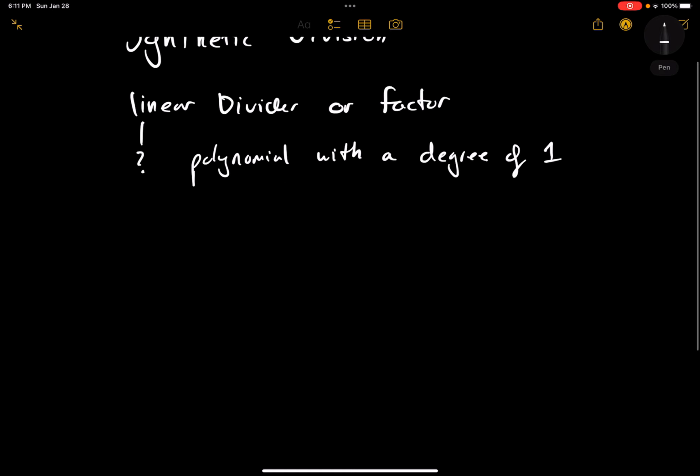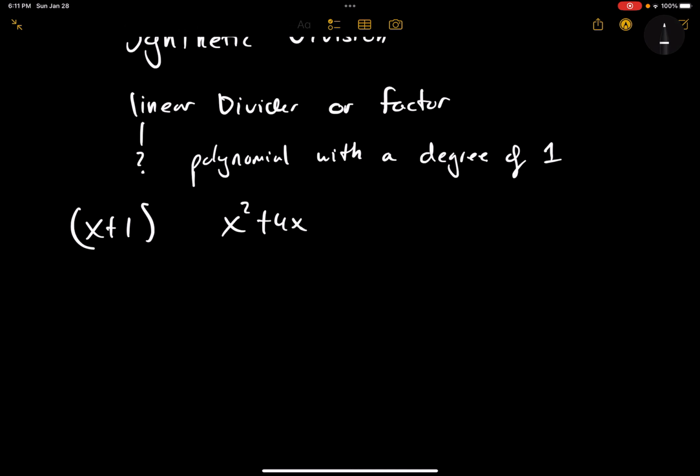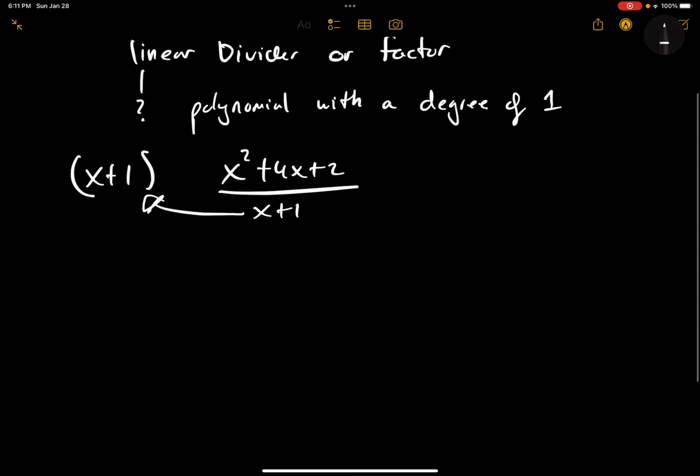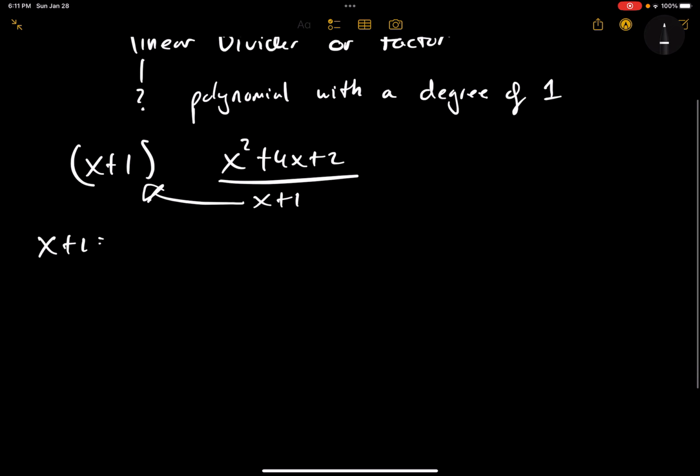So, what we do here is, let's say we're given a factor, or we want to divide by x plus 1. The actual equation is this, and we're dividing it by x plus 1. Well, we look at the divider, bring it to the side, and set it equal to 0.